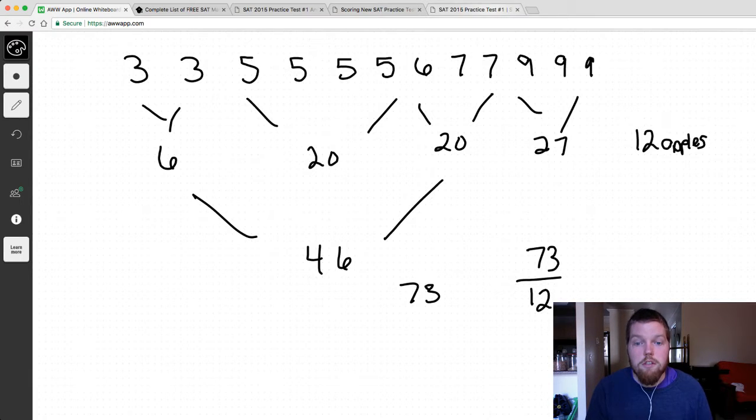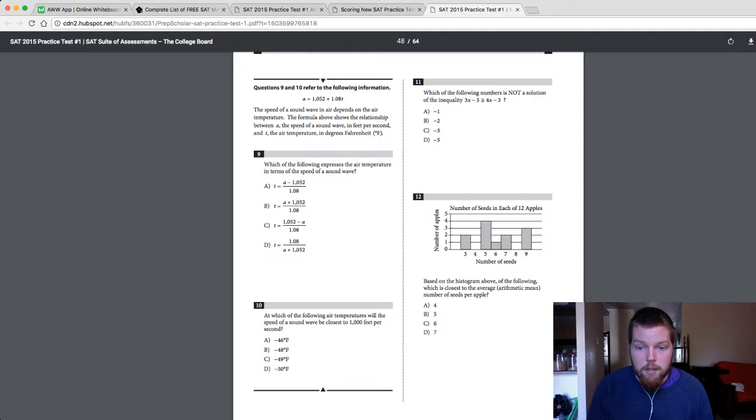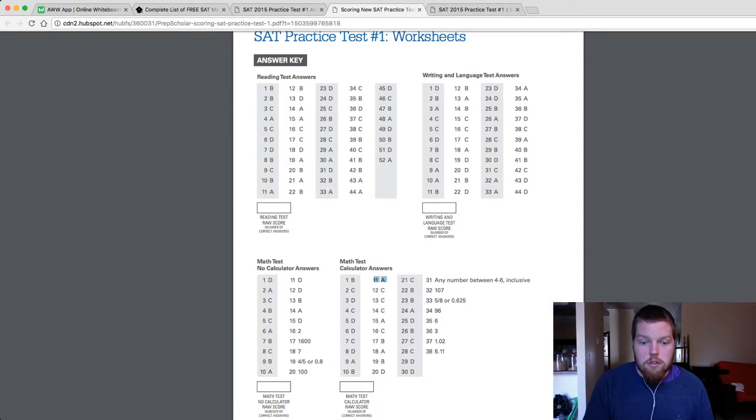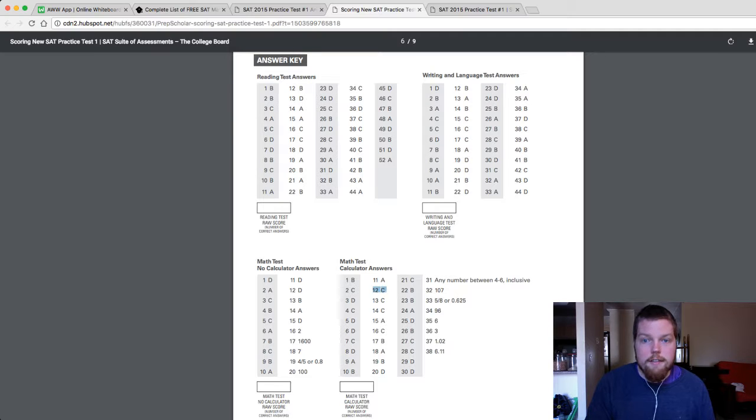So 6.08, based on the histogram above, which is the closest to the average number of seeds per apple, we got 6.08. So C is 6, which is closest, and C is our answer.